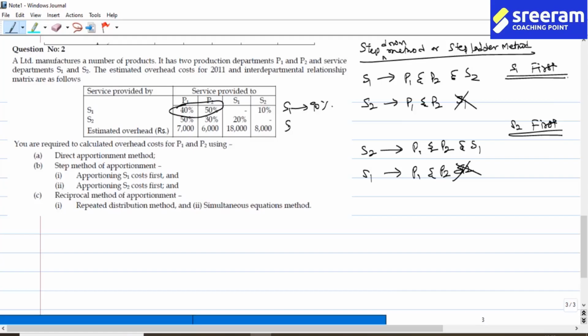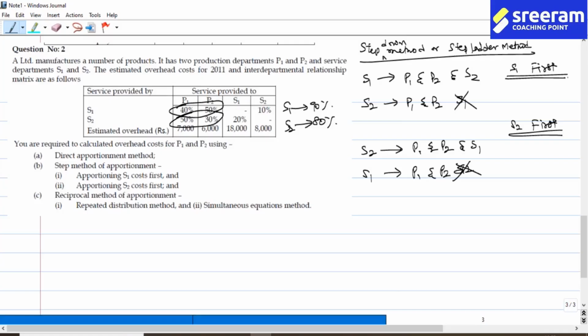Whereas S2 is servicing 50 plus 30, 80%. Correct? Which of the two service departments had rendered the majority of its services to production departments? S1. Therefore, take up S1 first. Are you understanding? If the problem is silent, on what basis do you judge? Based on whichever service department provides the maximum of its services to production departments.